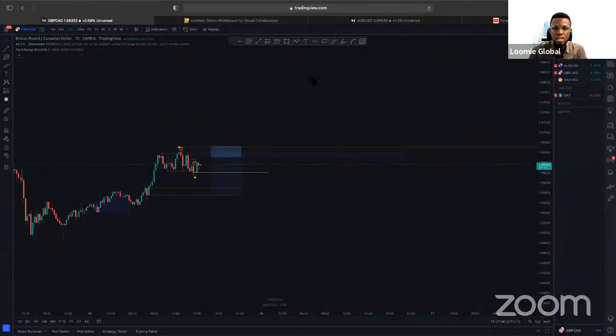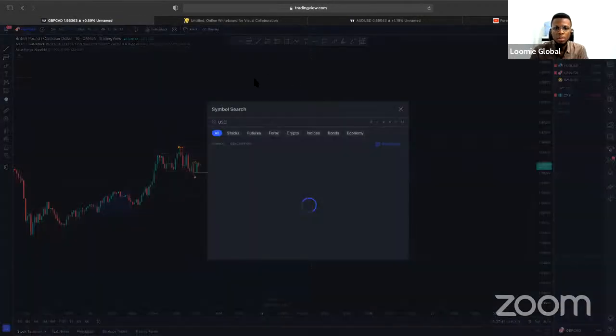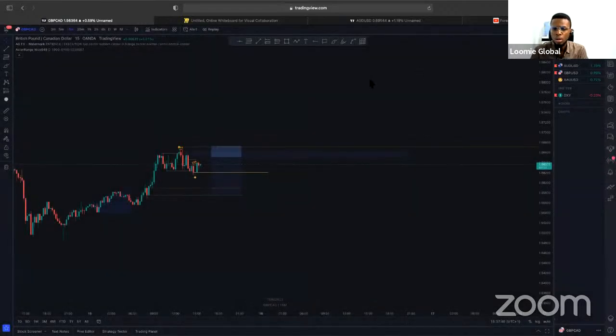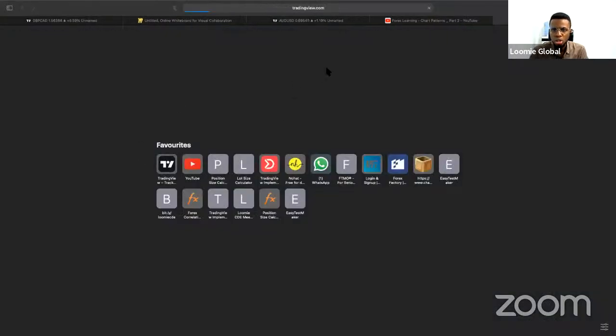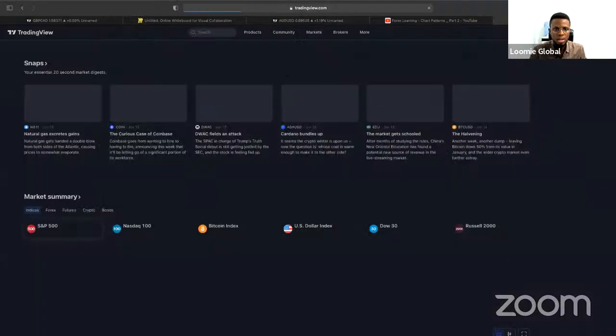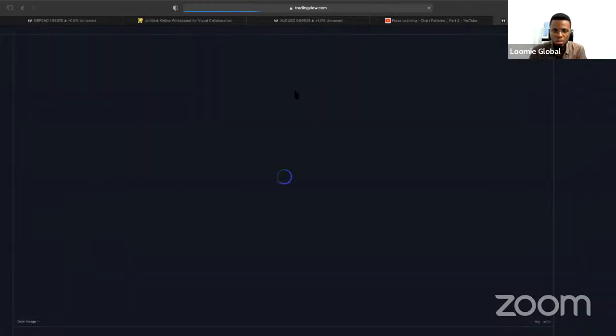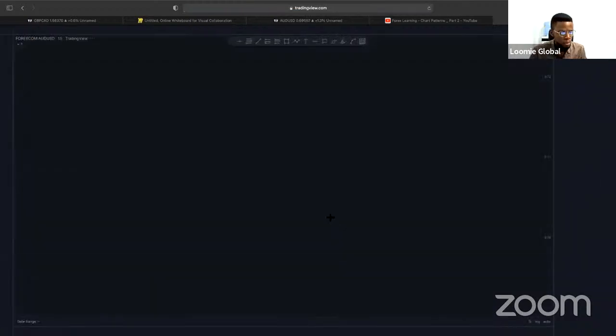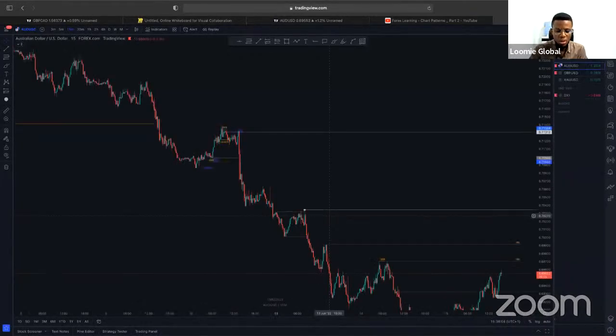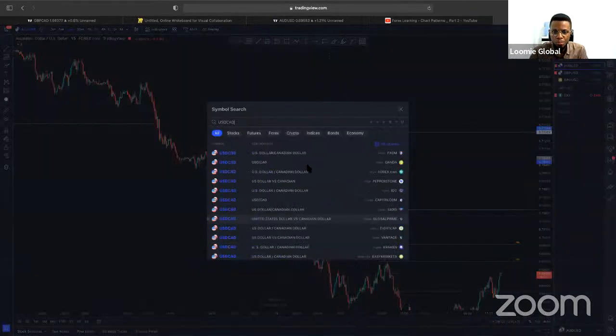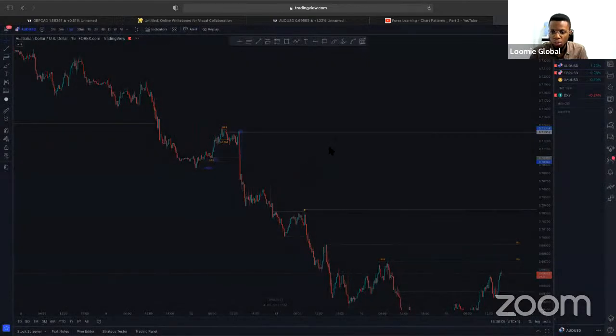I don't know what the price is for USD CAD at the moment. Let me try to maybe open another chart and check what the current price is for USD CAD. I don't trade USD CAD. I mean, there used to be a time I used to trade as many pairs as possible, but not in recent times. It's looking like we're going to end up using our entire class to explain this.